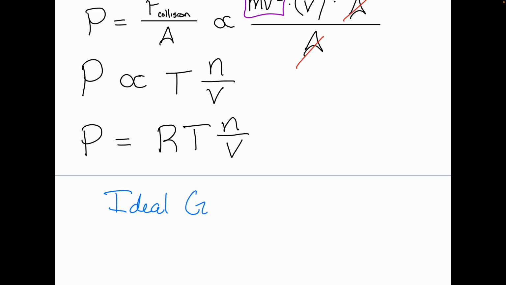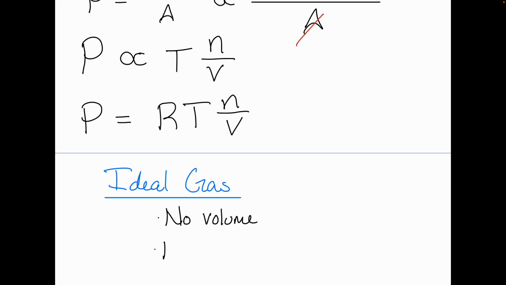So an ideal gas: no volume, no interactions. All right, so no gas is truly an ideal gas then, because all gases have some volume associated with them, as well as some interactions between neighboring particles.